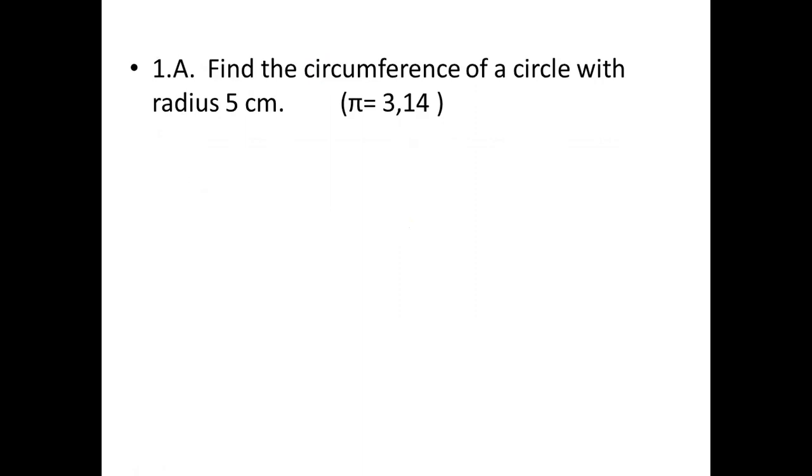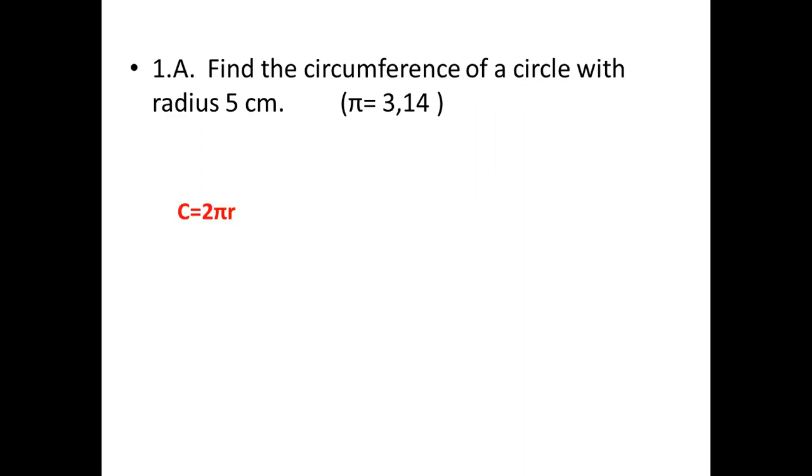Let's keep on. In your activity book, you can find example 1a. Here, we are asked about circumference. Find the circumference of a circle with radius 5 centimeters. Here, we should take pi as 3.14, approximately. So our formula is C is equal to 2 pi r.